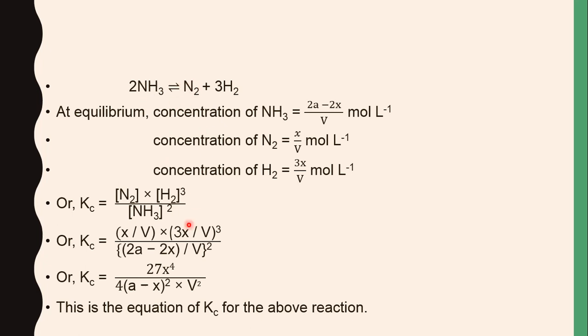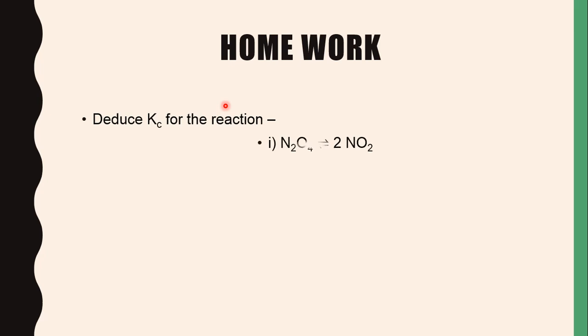Okay, I hope now the derivation of the equation for Kc is easy for you. So I will give you some homework. I will give you more reactions to derive the equation of Kc. You will do it at home in your CW copy, and you will submit it in the messenger group. Deduce Kc for the reactions.